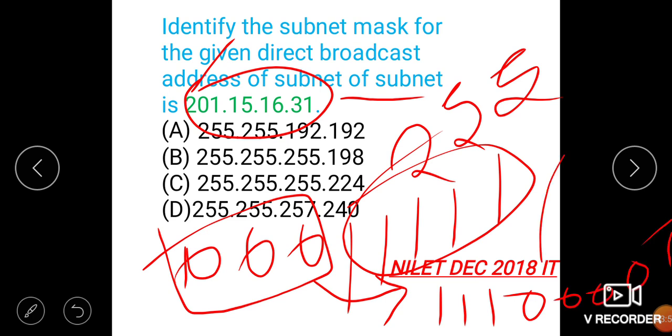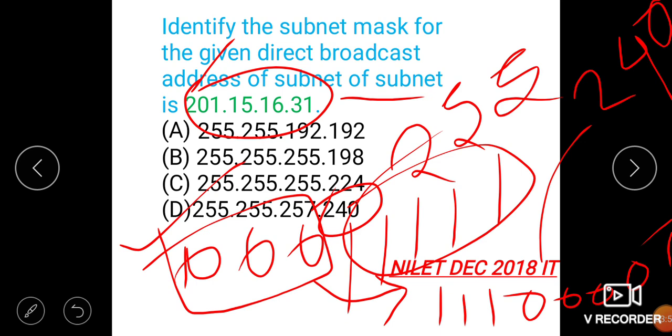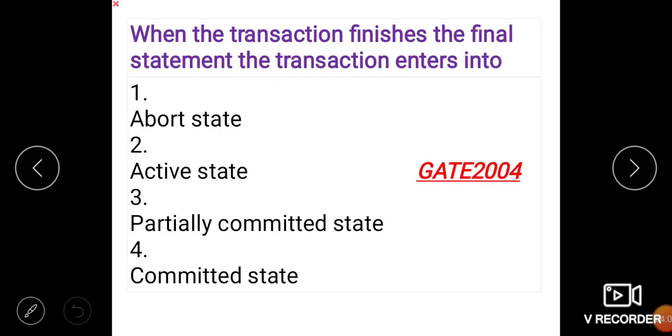Now it is equivalent to 240. Here the option 240 is given, so option D is the correct answer.